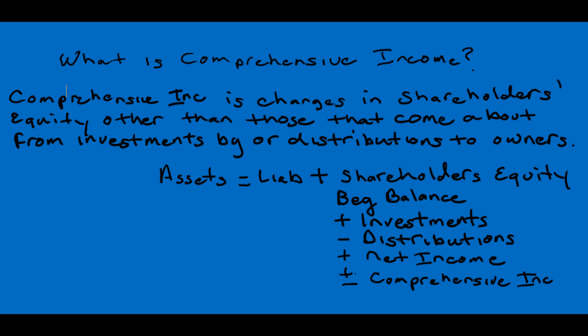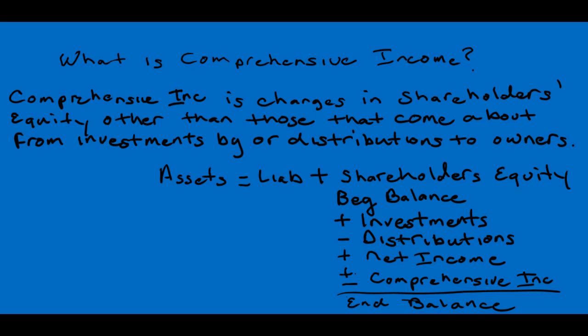So it has a beginning balance. It goes up for investments, down for distributions, up for net income, of course down for a net loss, and it can go up or down for other items of comprehensive income. When all of those are summed together, that would come up with the ending balance in stockholders' equity.